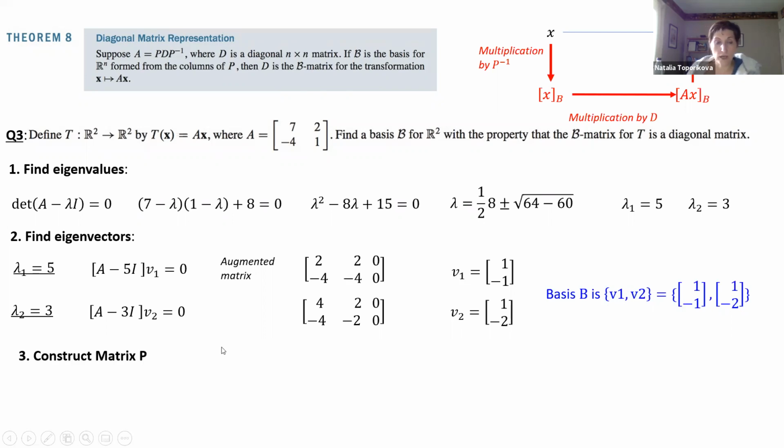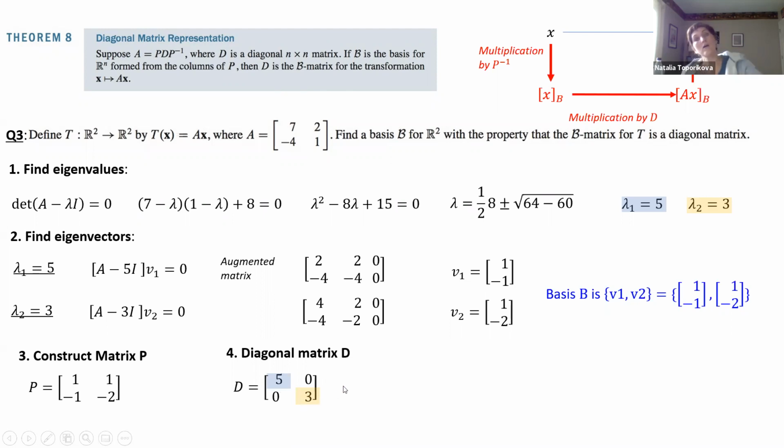Let's construct the matrix P by putting these vectors together in a matrix, and finally write down the diagonal matrix D by putting our eigenvalues on the diagonal. The first diagonal element is 5, corresponding to the first eigenvalue. The second diagonal element is 3, corresponding to the second eigenvalue.